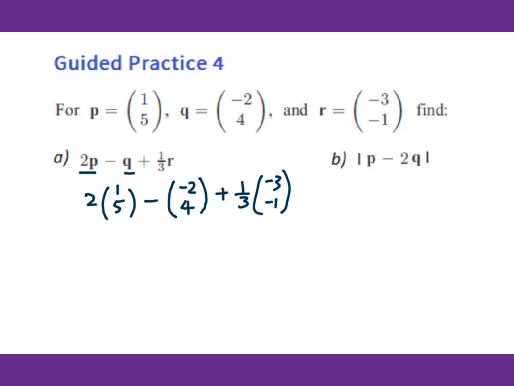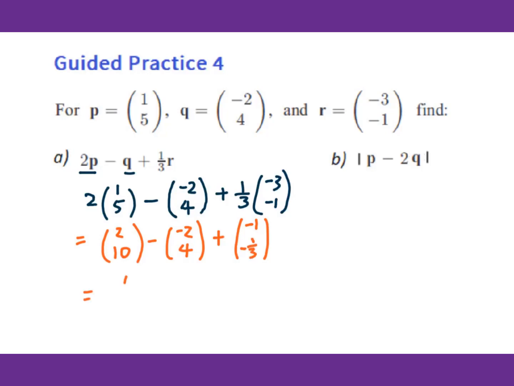So we do multiplication first. You will get 2, 10, minus negative 2, 4, plus 1 over 3 multiplied by negative 3, that's negative 1, and negative 1 times 1 over 3 will be negative 1 over 3.